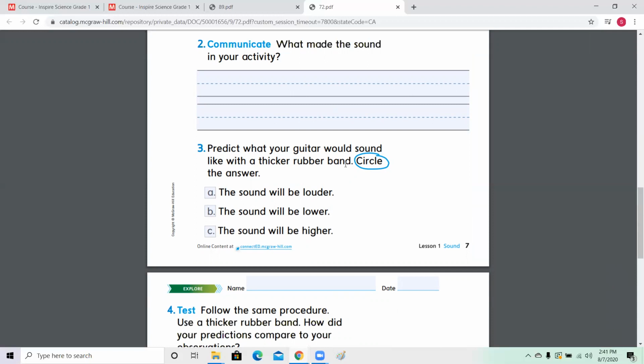Let's say you have different thicknesses of rubber bands, one thin and one a bit thick. So what do you think the sound of your guitar will be when you have a thicker rubber band? Do you think the sound will be louder? The sound will be lower? Or the sound will be higher? Louder, lower, or higher?